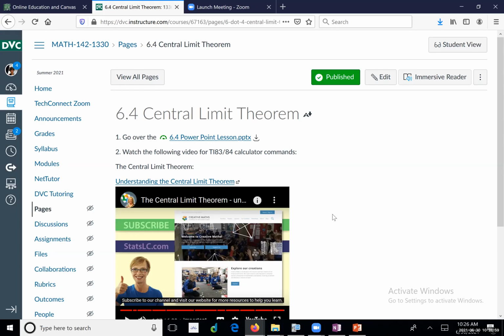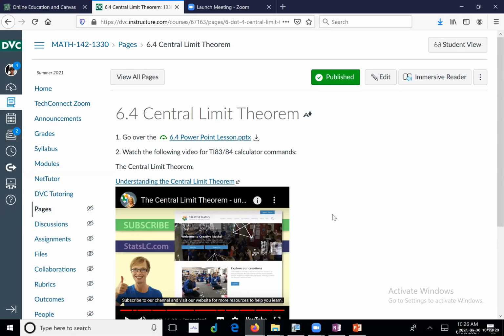So then you think of taking samples. If you take one sample from DVC, let's say one sample of 20 students, and find their average age, is that a good representation of the DVC students? Probably not. But now you take many samples of 20. That's the central limit theorem, and there's a minimum of 30.